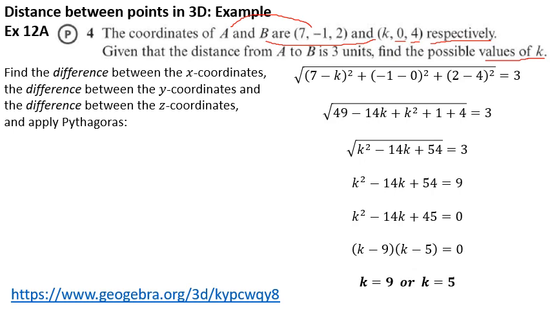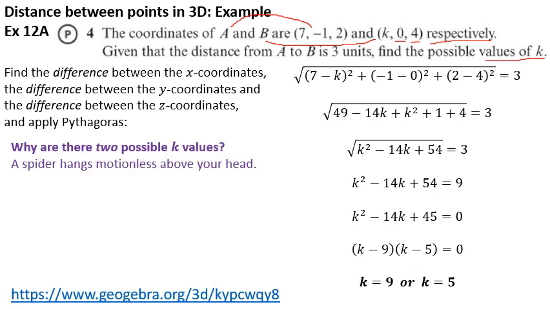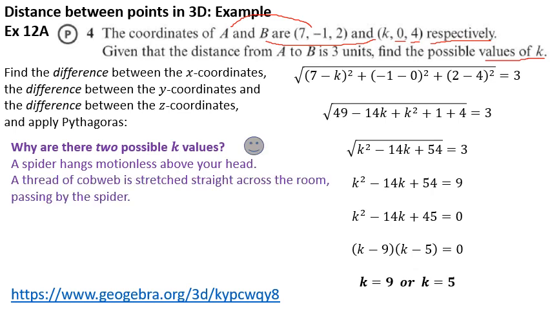Maybe this example will make more sense. The 2 possible k values, let's imagine you've got a spider hanging above your head, some point in 3D space, and then you have a cobweb stretched tight across the room, and it passes by the spider. Here's our cobweb, stretch of cobweb thread.